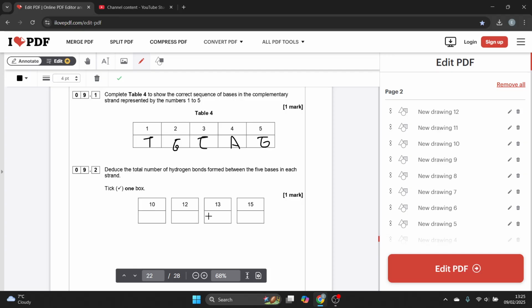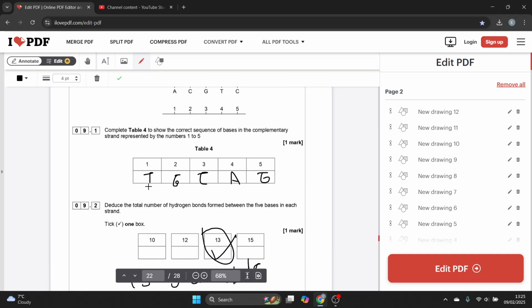It's going to be 13 hydrogen bonds. Then it says, so TGCAG, 13 hydrogen bonds.